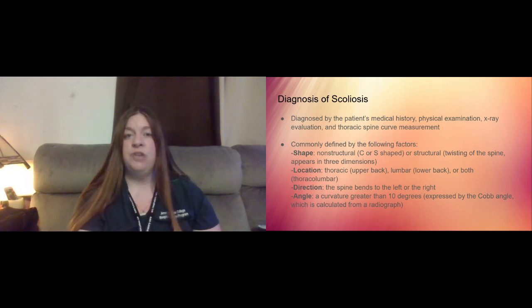Then we have location. You can have it in the thoracic, which is the upper back, lumbar, which is the lower back, or both. Then we have direction. The spine can bend either to the left or to the right. And then the angle, a curvature greater than 10 degrees, and it's expressed by the Cobb angle, which is calculated from a radiograph.